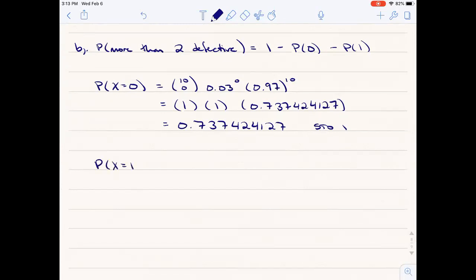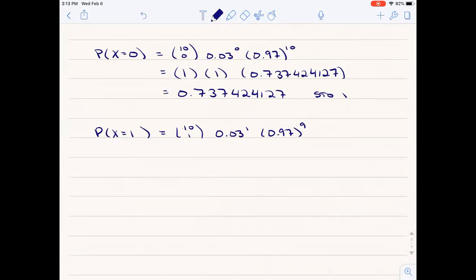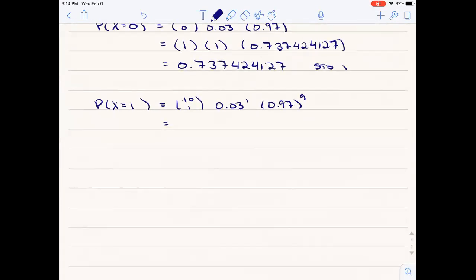Same thing, the probability that x is 1 is 10 choose 1 times 0.03 to the power of 1 times 0.97 to the power of, I'm just going to go right to 10 minus 1 is 9, only because I know I'm cutting it close and I want to get to that last one. 10 choose 1 is 10. 0.97 to the power of 9 is 0.7602311059 times 0.03 times 10.